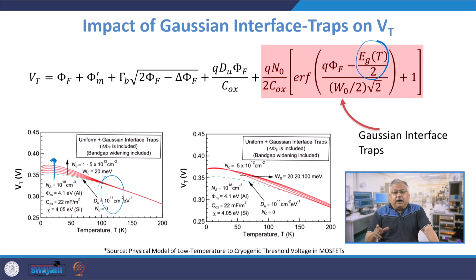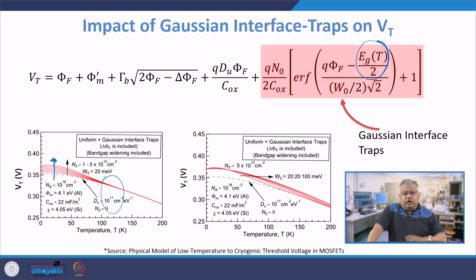The Eg by 2 part is already built into the interface trap charge density concept here, and that is the reason we say that these 4 elements, which are du, N0, del phi f and psi s, are the 4 important qualitative quantities which affect the value of the threshold voltage in the long run, and that is what we have found out in this lecture.